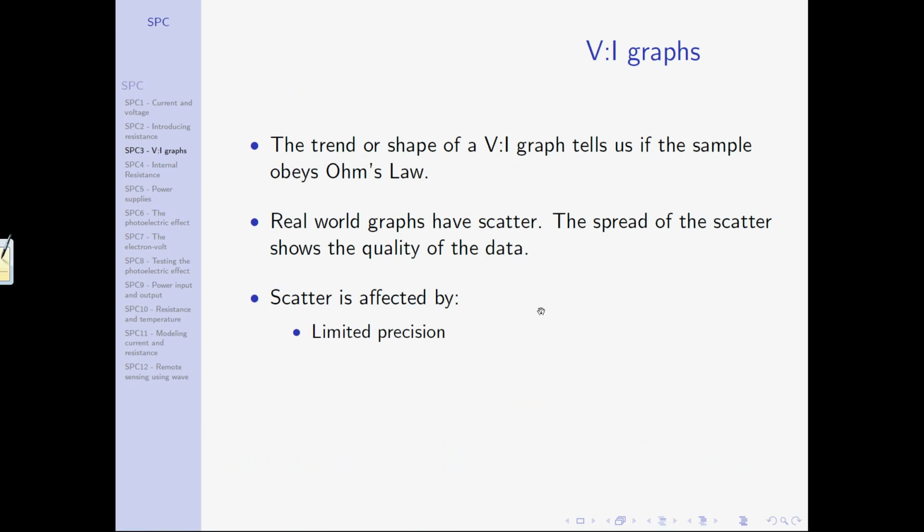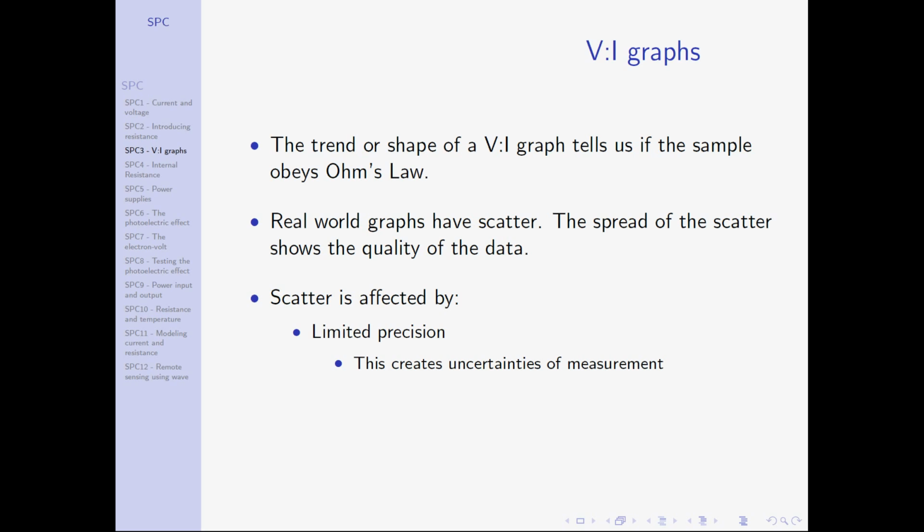One of the issues can be limited precision. Say we've got a ruler, something nice and straightforward, and it only goes down to 1 centimetre increments. We're not going to do a very good job if we try to measure something to the nearest millimetre; we'd only be able to measure to the nearest centimetre with that ruler.